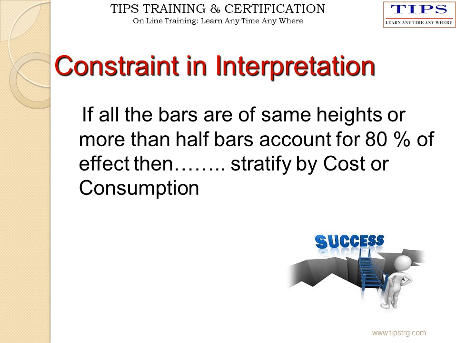Simply stratify by cost or consumption, meaning the occurrence frequency is multiplied by a cost factor or consumption factor. Carry out the steps as given previously in Pareto analysis and draw the Pareto chart. Now you will get the right results for these constraints.